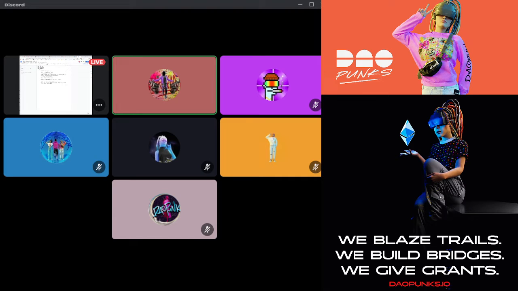But if Snapshot doesn't allow that, then that's a different story. Then we can change that. But that's the gist of what I had so far, and I took this idea a lot from Cult DAO and what they require in their information, and I just added some more stuff in case. But this is the rough template.